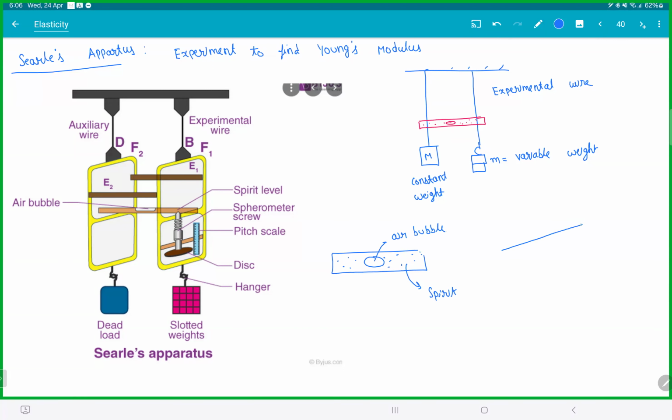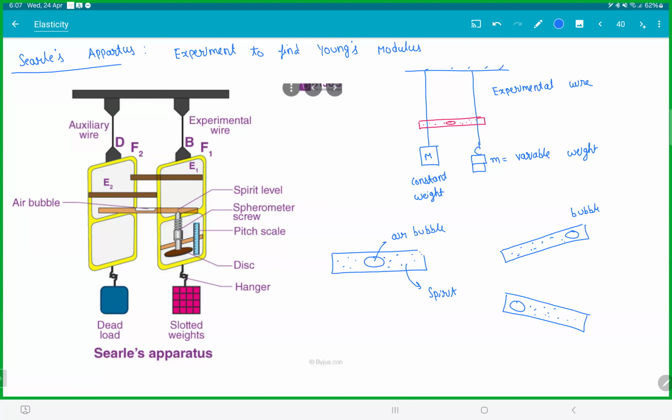For example, if you tilt the shape like this, what will happen to the bubble? The bubble will come here. If you tilt it like this, the air bubble will be like this. So if the rod is exactly horizontal, the bubble will be exactly in the center. So this equipment is actually useful to find whether something is horizontal or vertical or tilted.